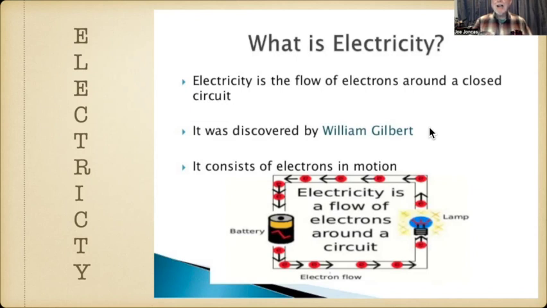That's what happens in the ionosphere, and batteries, like the battery in that picture, chemically ionize things, and you get extra electrons on the negative side of the battery and positive ions on the positive side. The electrons flow out of the battery through the wire, up through the lamp, and then continue on back to the positive pole of that battery.